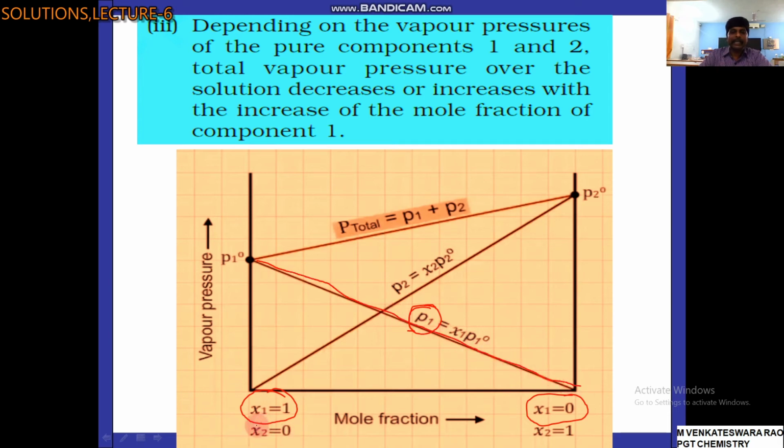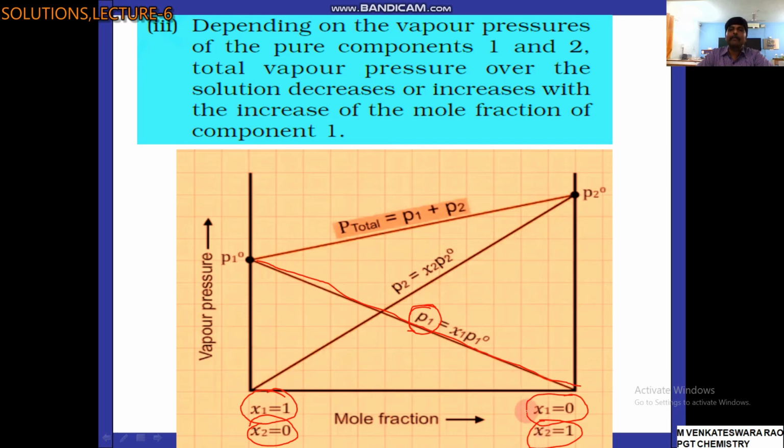Now you see here X2 is equal to 0, second component mole fraction is 0. On this side X2 is equal to 1. As we move along the x-axis, X2 value increases, so second component mole fraction increases.